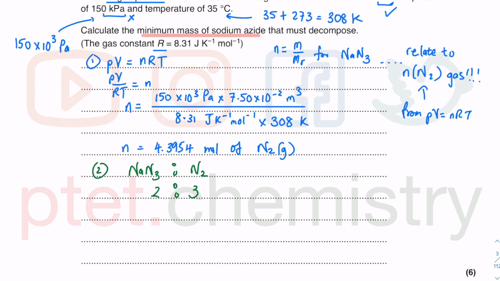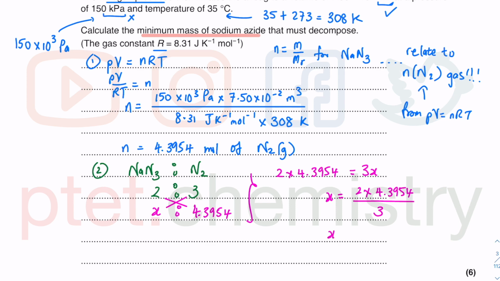So I have the mole of N2, which is 4.3954. I just don't know the mole of NaN3. Let this be X. We're going to do a cross multiply. So 2 multiplied by that equal to 3 multiplied by X. So 2 times 4.3954 is equal to 3 times X. So X is equal to 2 times 4.3954 divided by 3.